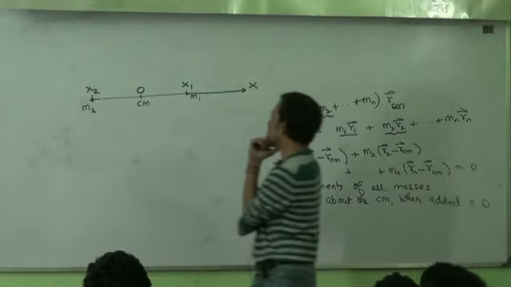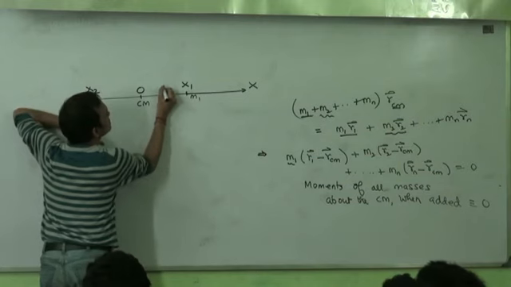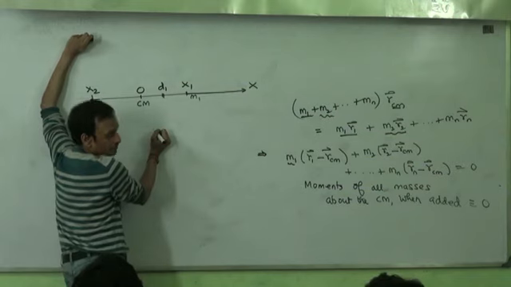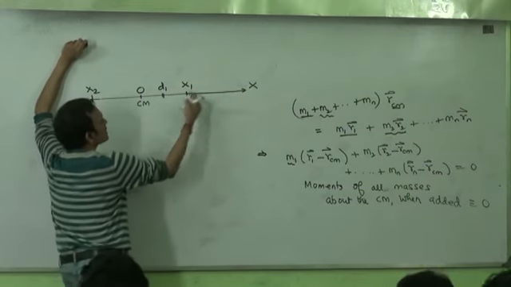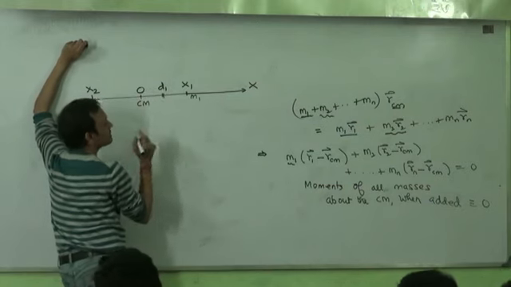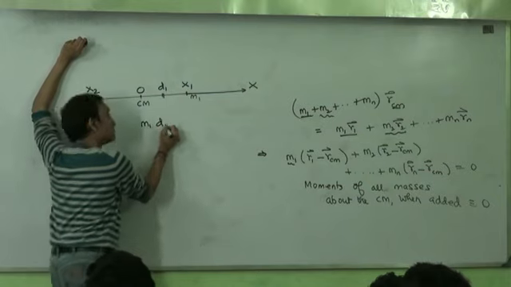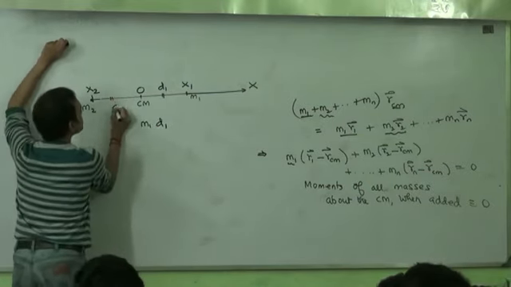Which means, suppose this distance is d1. If I choose to have masses on this side produce positive moments about the center of mass, then the moment that m1 produces about O is going to be m1 d1, where d1 is a distance, so will always be positive. Now this is d2.